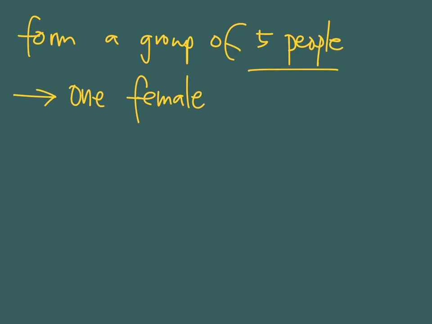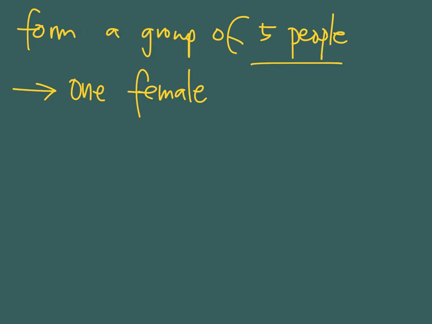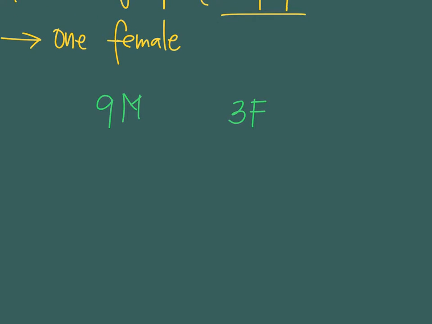Take note that the 12 members were divided into 9 males and 3 females. Now focus on the condition. What you want is, from the group of 5, there has to be 1 female. So you need to take 1 female from the 3 females.